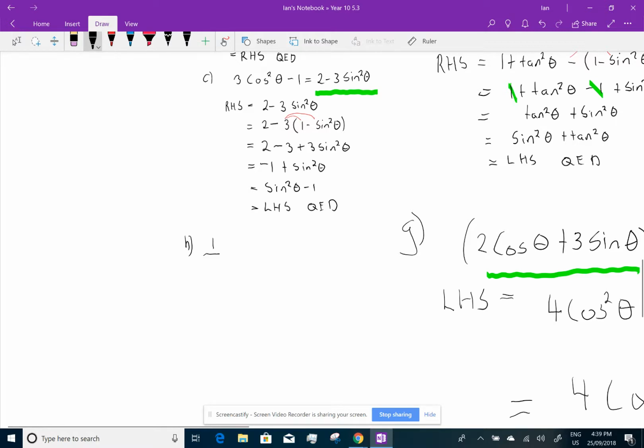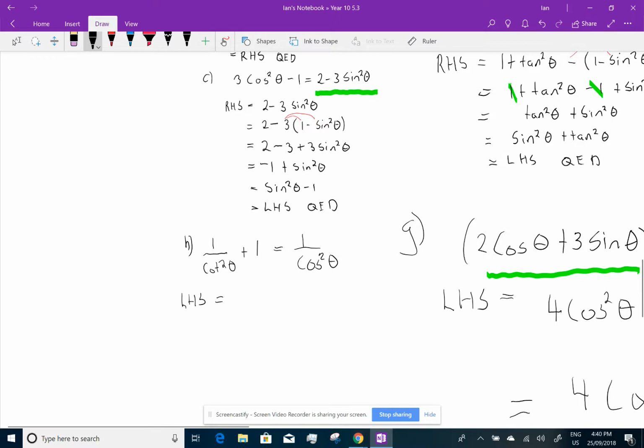1 on cot squared theta plus 1 equals 1 on cos squared theta. So what I'm going to do is take the left-hand side.